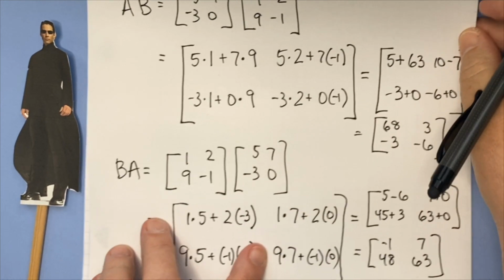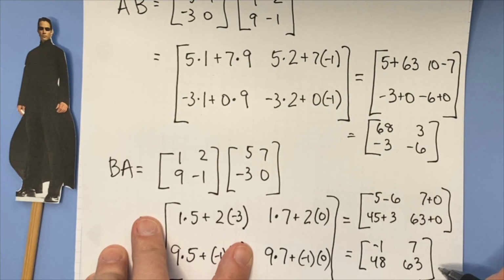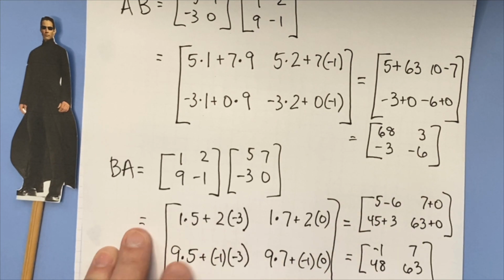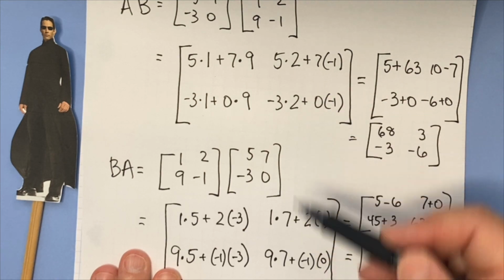Now, do I get the same final matrix? And the answer is no. Are they close? Are they just reusing the numbers in different orders? No. Can I see when I look here the patterns?